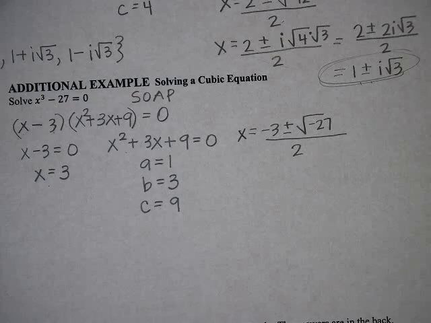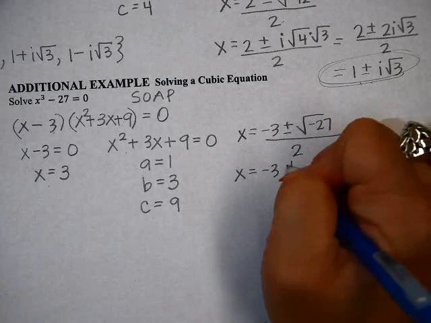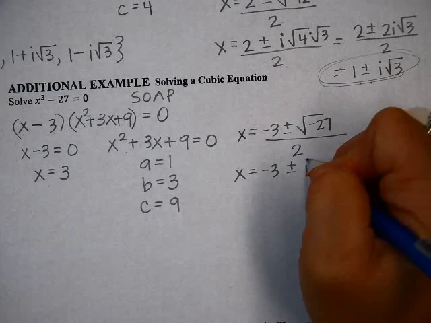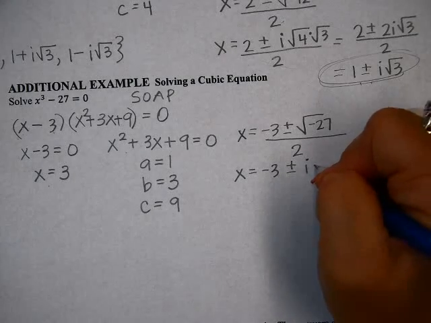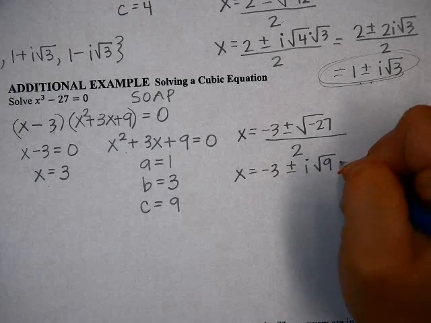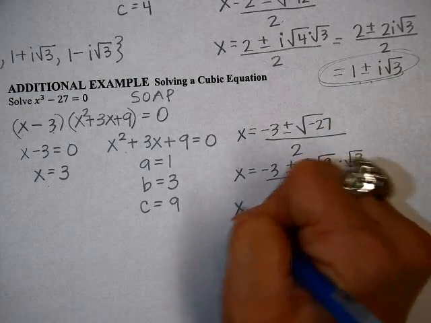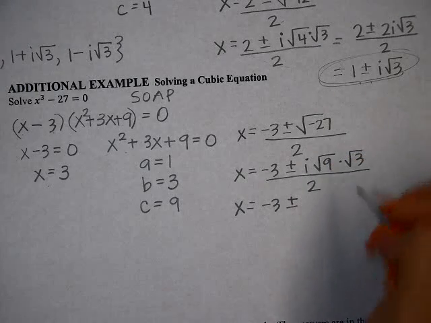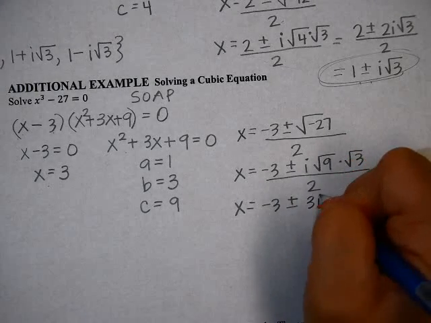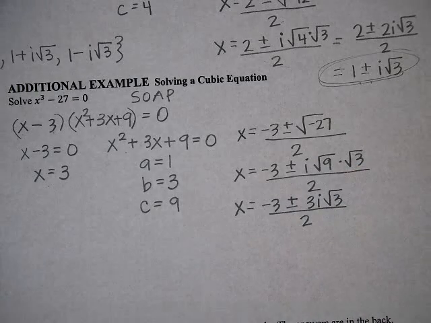So we didn't have to do the whole first part by hand, but now we will have to simplify by hand. So -3 plus or minus i square root of 27, and the square root of 27 will break down into the square root of 9 times the square root of 3, all divided by 2. -3 plus or minus the square root of 9 is 3, so you get 3i square root of 3, all divided by 2.